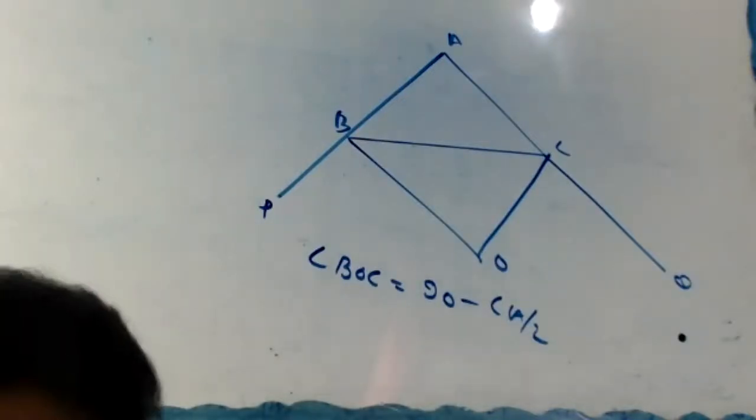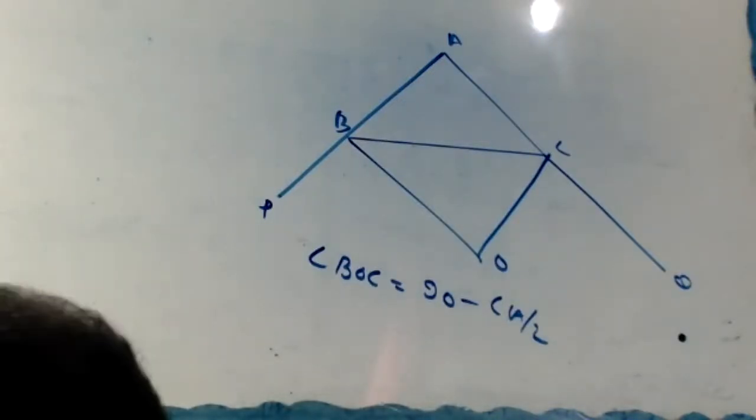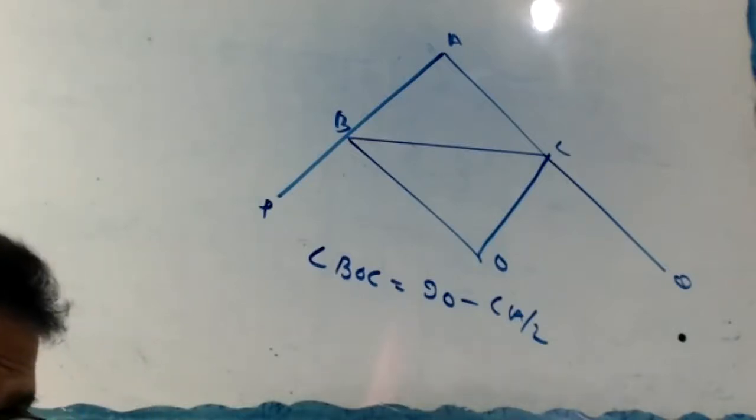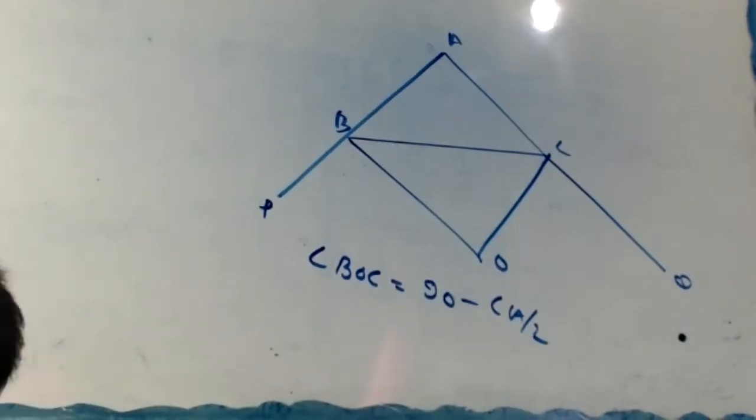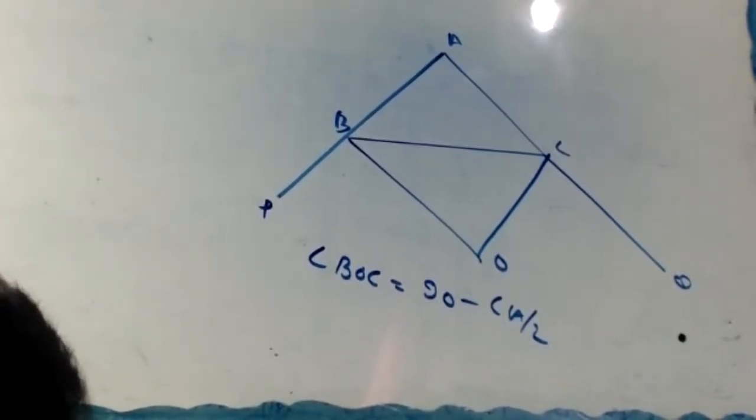Question again, I'll read. The sides AB and AC of triangle ABC are produced to P and Q respectively.